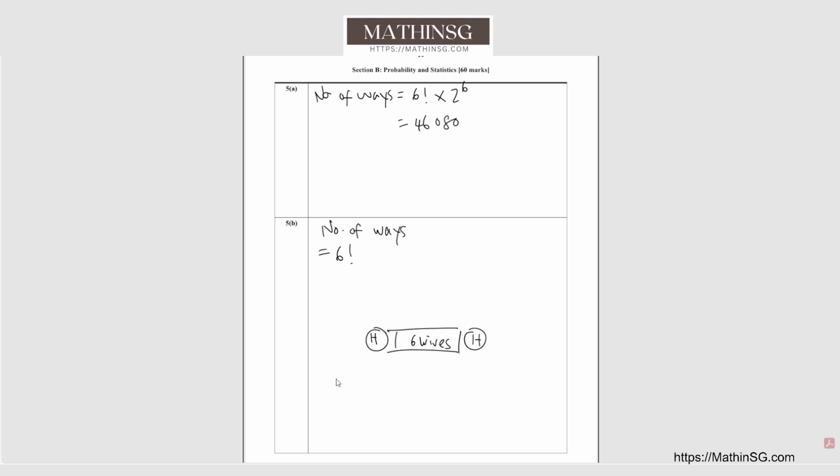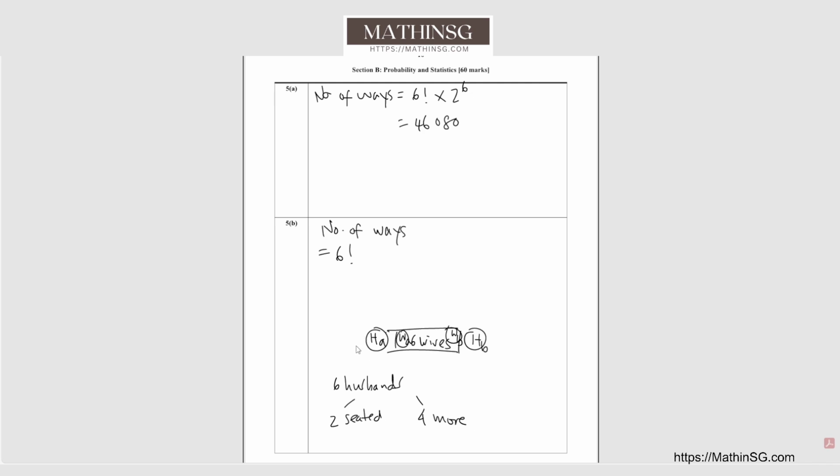Out of the 6 husbands, 2 of them are already seated because they have to sit beside the 2 wives at the ends. So if this is wife A, this will be husband A. If this is wife B, this will be husband B. So there's no way of choosing where husband A and husband B sit. So 2 of them have already been seated and we have 4 more.